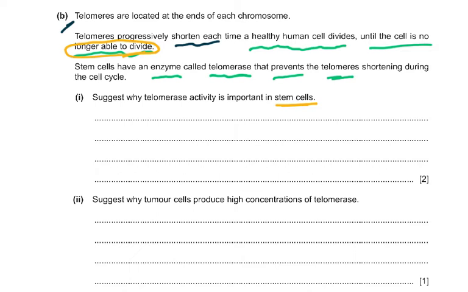This was the point that you had to remember. So telomerase activity, if it allows, allows DNA replication to take place. So DNA replication is very essential because DNA replication has to take place, only then of course S phase of interphase, and then mitosis can occur. So allows DNA replication to take place, then stem cells keep on dividing.